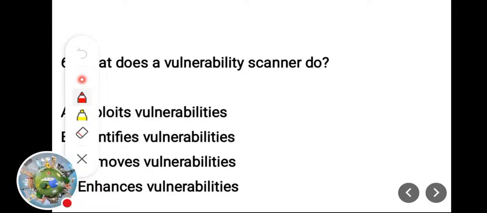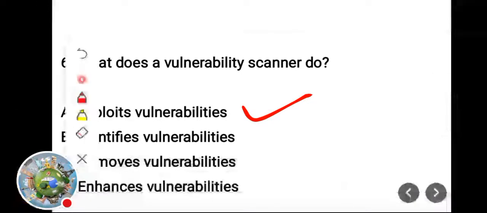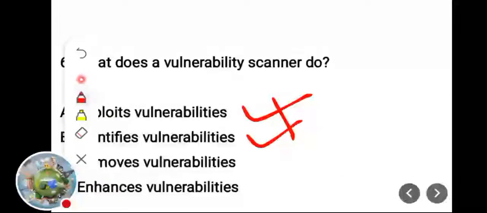A vulnerability scanner will scan the weakness which is existing in the target system. Once it identifies the vulnerabilities, it will report them. So the answer will be B, identifies vulnerabilities.